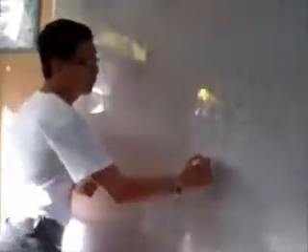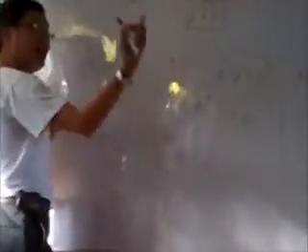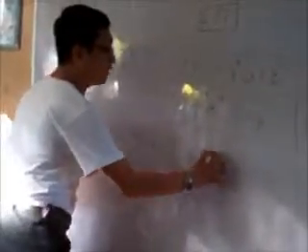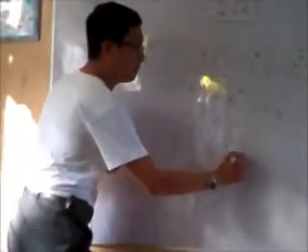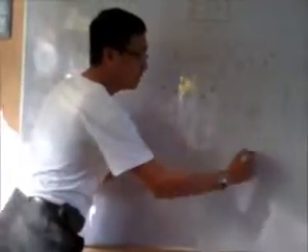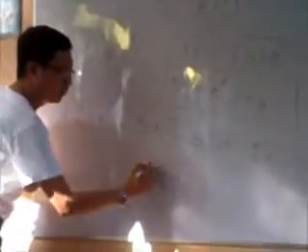Now let us extract the cube root of 27. Or if you want, applying again one of the properties of radical, you will have the cube root of 27 times the cube root of 2. Then you extract the cube root of 27. What is it? 3 times the cube root of 2.